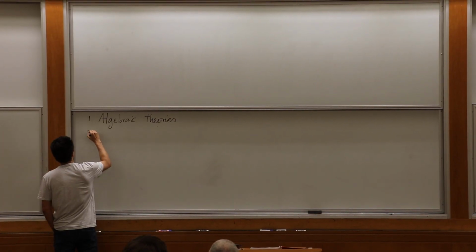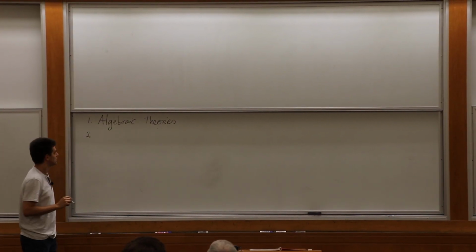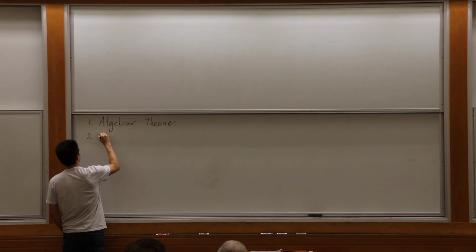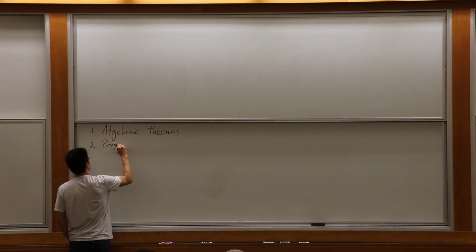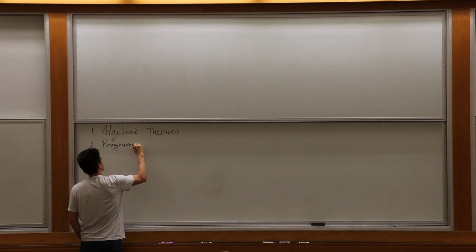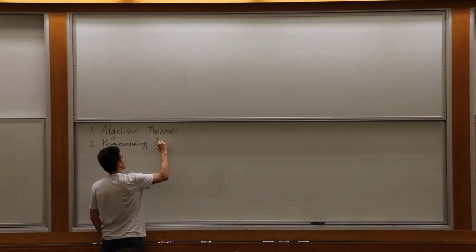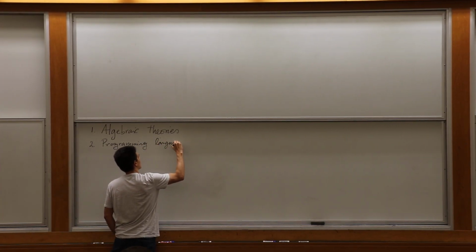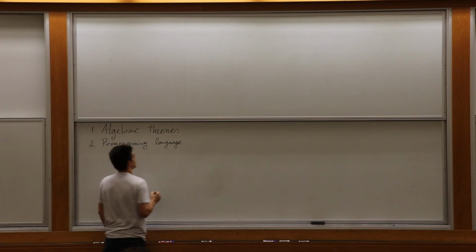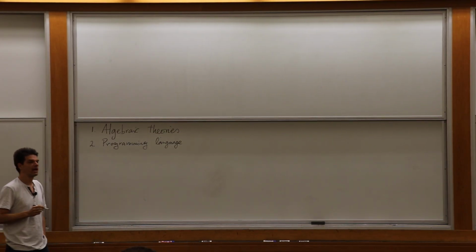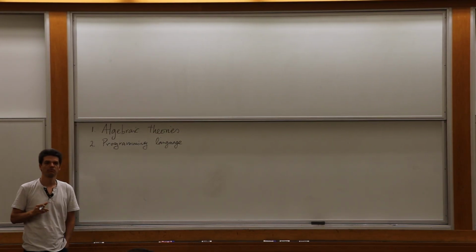And then tomorrow we're going to look at how to make a programming language out of this. But when we make the programming language, we'll forget about the equational part.